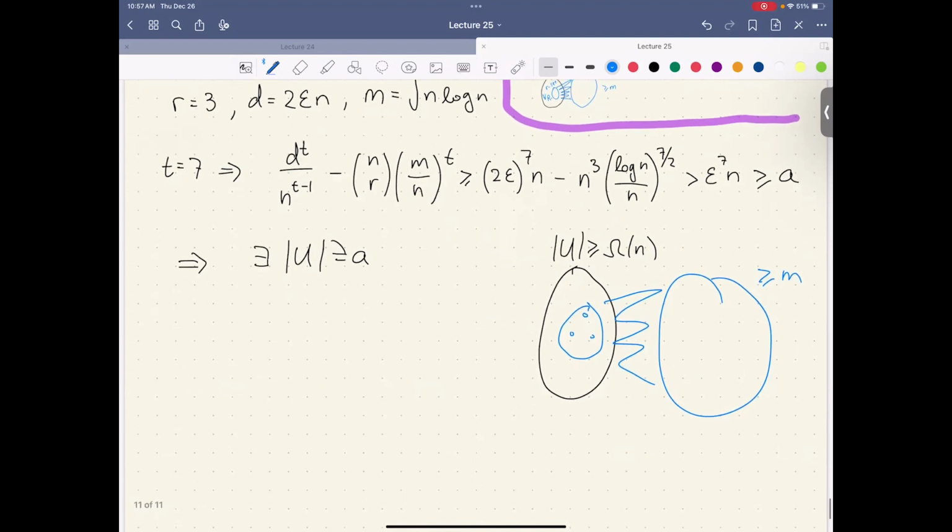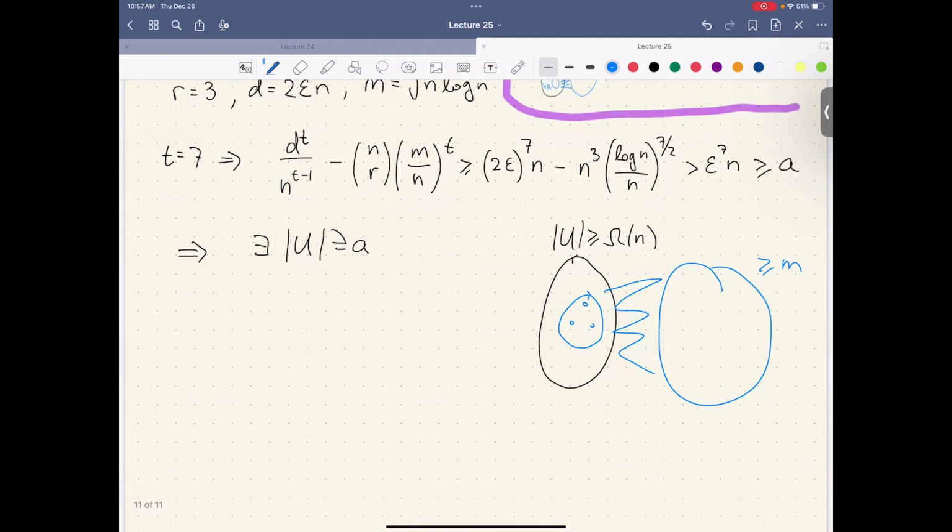Okay. So we're gonna derive a contradiction. How do I derive the contradiction?